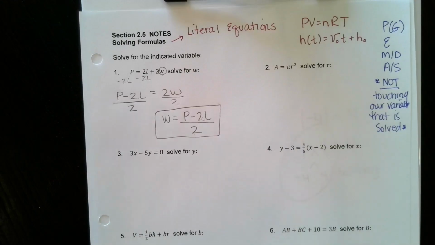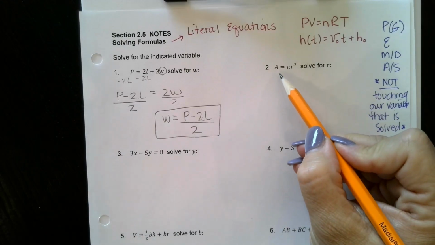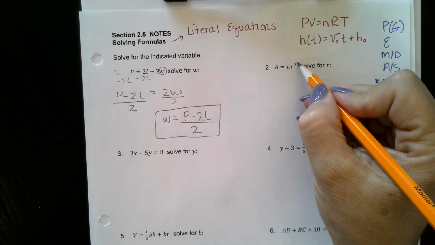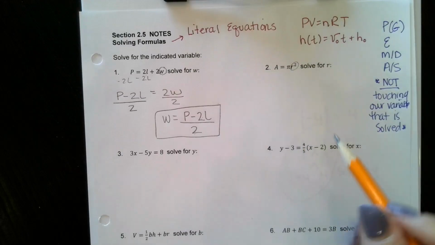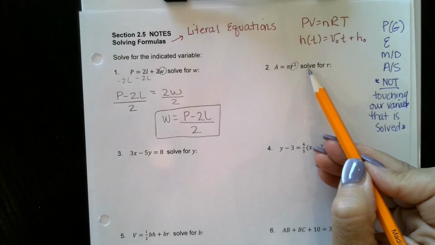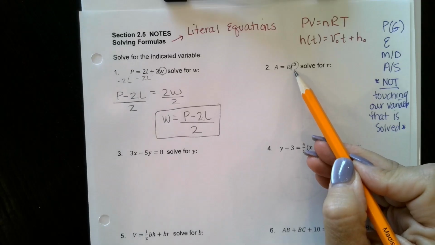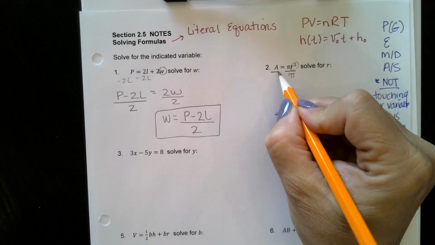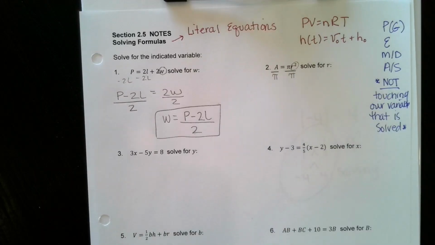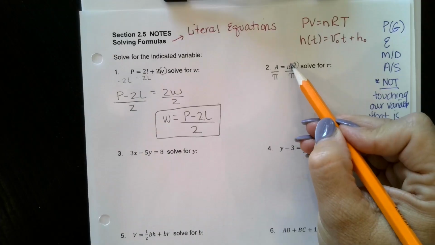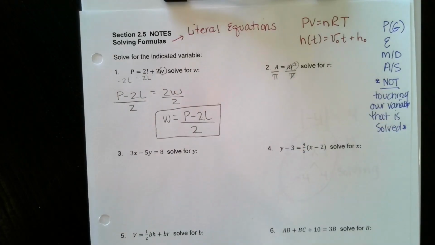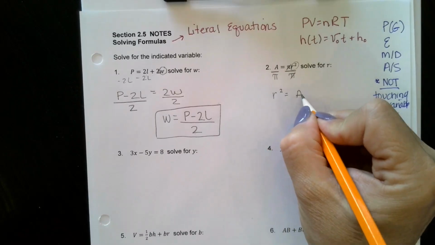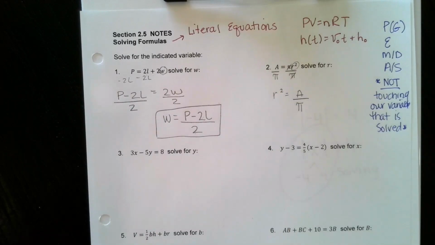Here is our area of a circle formula: area equals pi r squared. What I'm looking for here is r squared. There's no plus or minus anything, so the first thing I'm going to do is divide by pi. When I divide by pi, these two pi's cancel, so what I have is r squared equals A over pi.